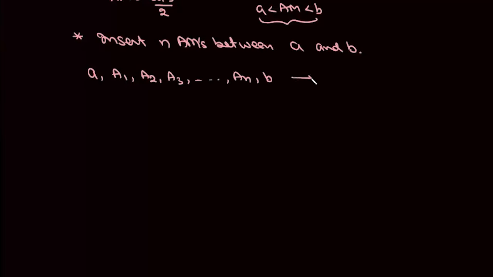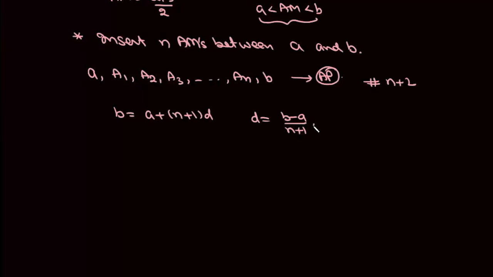Now this resulting sequence will be an arithmetic progression, and the total number of terms in this arithmetic progression will be simply n plus 2. So this b is your last term, which is the (n plus 2)th term. So we can write b equals a plus (n plus 2 minus 1), which is (n plus 1)d. So here the common difference is (b minus a) upon (n plus 1).